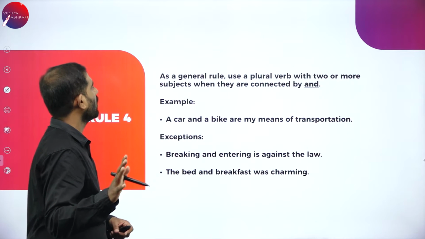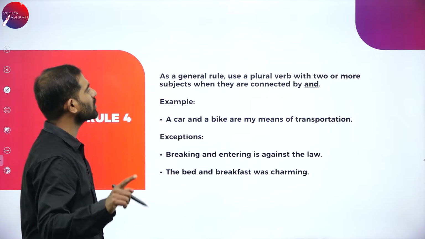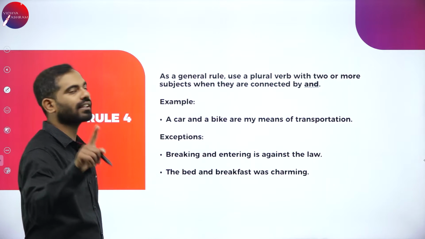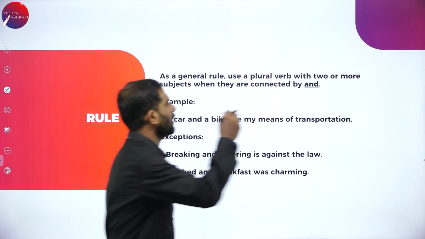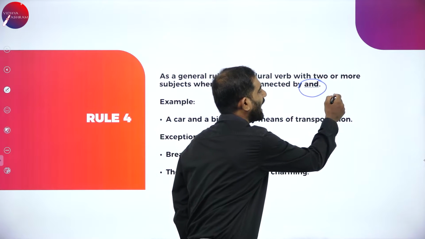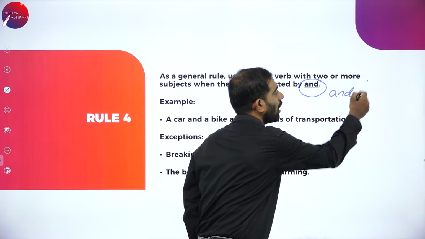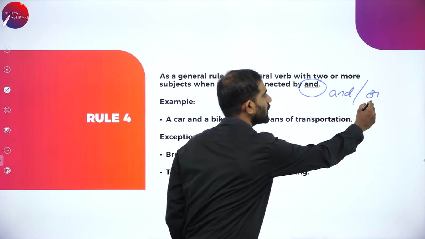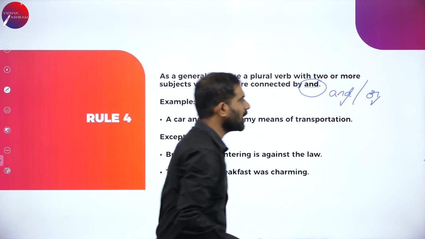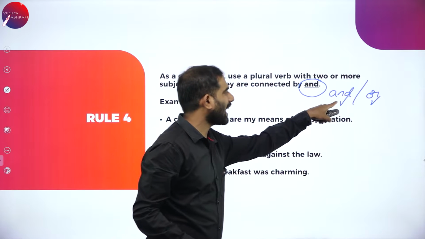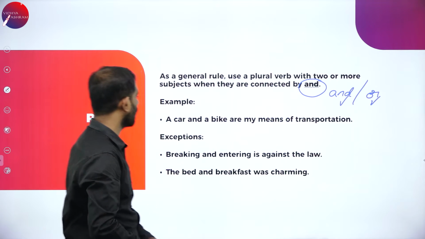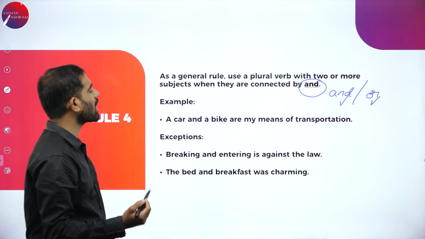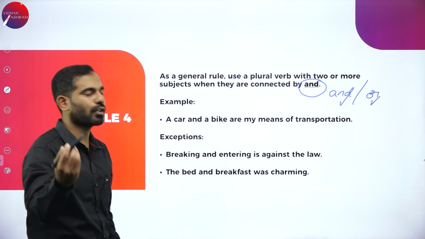Rule number 4. As a general rule, use a plural verb with two or more subjects when they are connected by and. I already told you about and or. So be careful with using verbs with and or. Example: a car and a bike are my means of transportation.